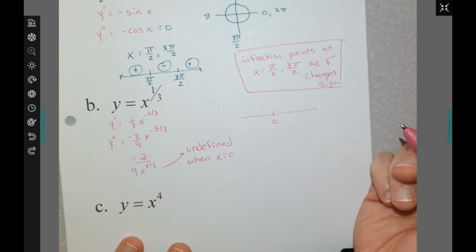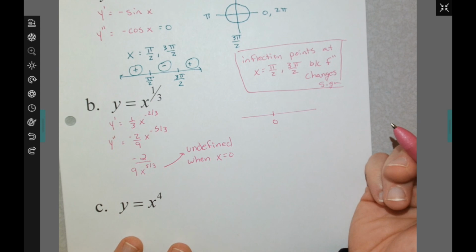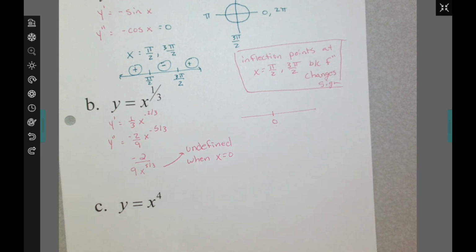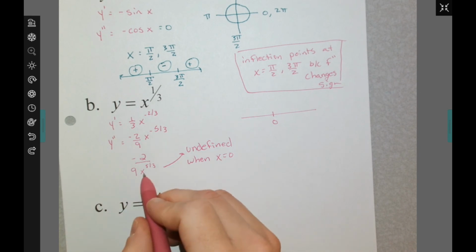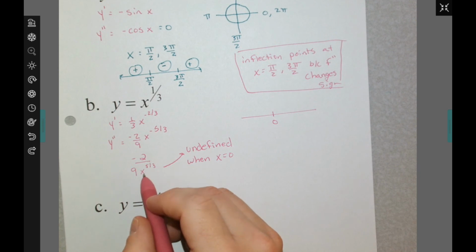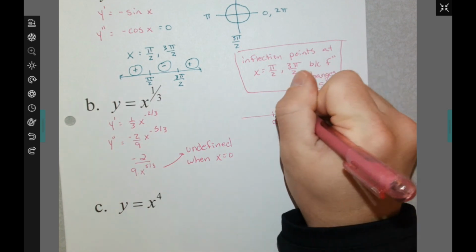Let's go ahead and plug in positive and negative values. If I plug in a positive value for this, we're going to test it out. You got negative 2 over, let's plug in 1. When I plug in negative 2 over 1, I'm going to get a negative output.